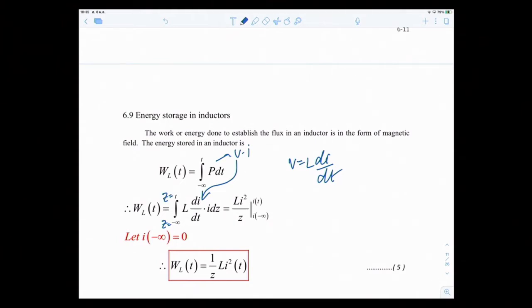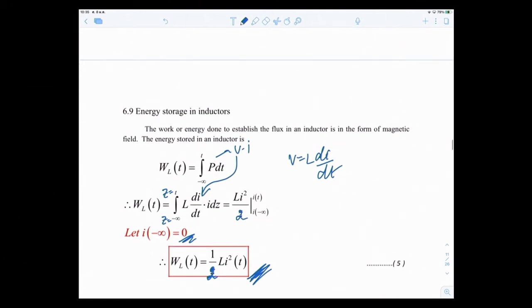Substituting back, and assuming there's no energy stored in the inductor at t equal to minus infinity, at the very beginning, the formula for the energy stored in the inductor is one half L i squared.